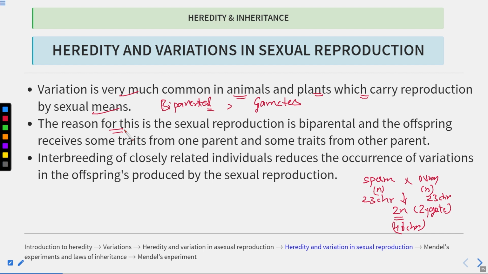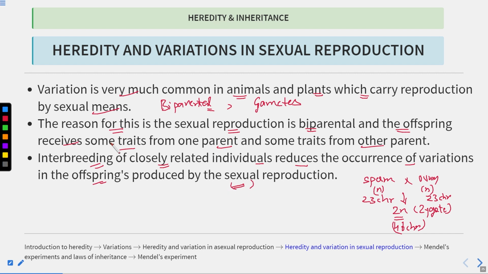The reason for this is that sexual reproduction is biparental, and the offspring receive some traits from one parent and some traits from the other parent. Now interbreeding of closely related individuals reduces the occurrence of variations in the offspring produced by sexual reproduction.